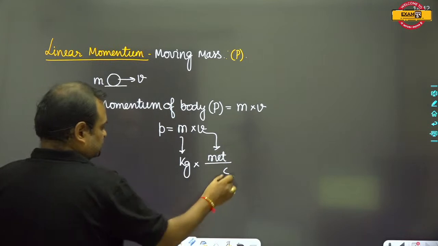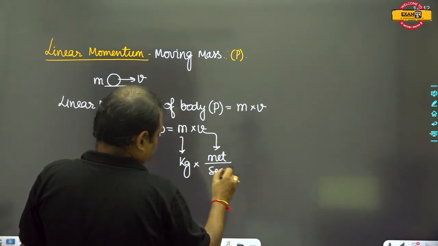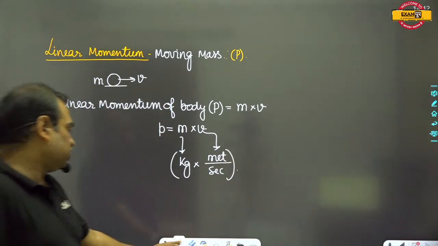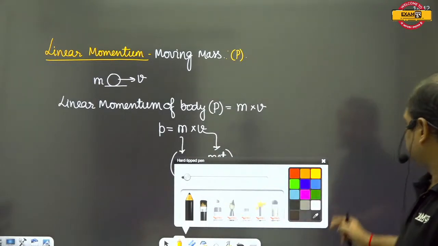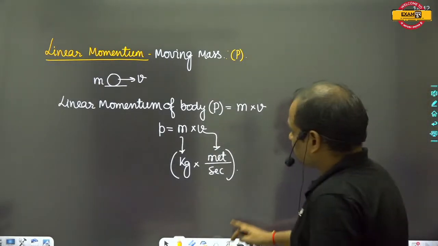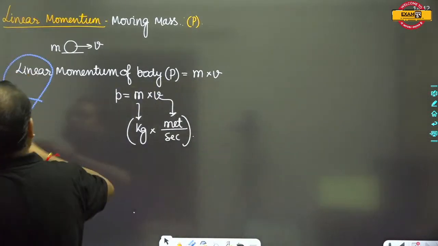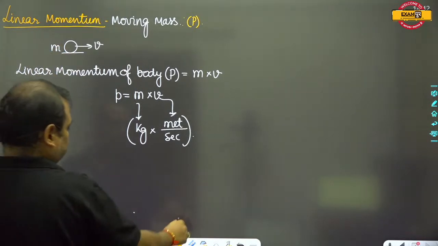So the unit of momentum is kilogram meter per second.